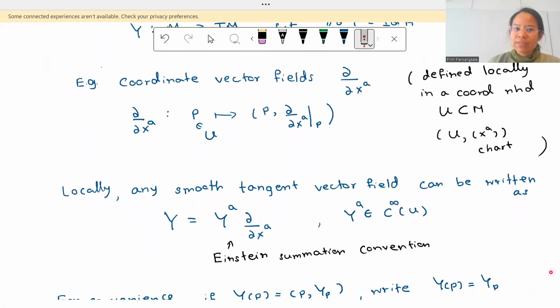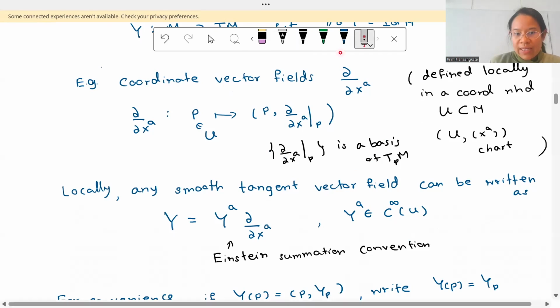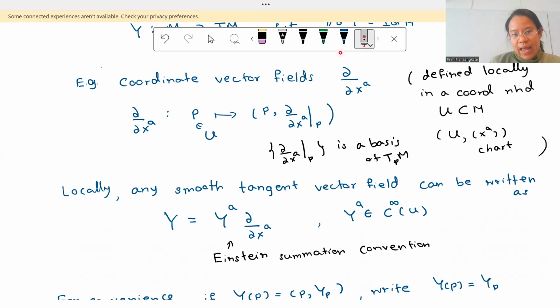Because, as we have seen before, the coordinate tangent vectors form a basis of the tangent space, from this you can show that for any vector field Y, you can write it in this form.